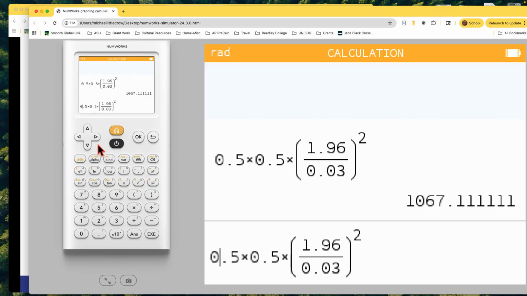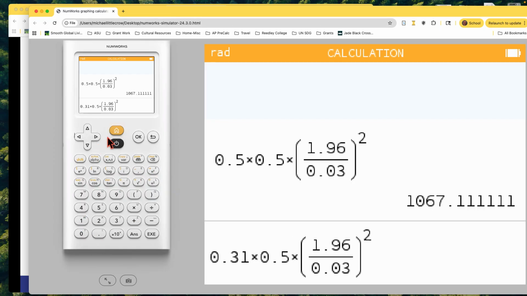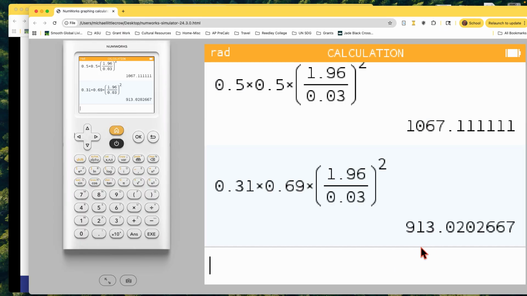So instead of 0.5, we're going to do 0.31. And instead of 0.5, we're going to do 0.69. We get 913. So 50-50 is actually going to give us the largest sample size needed. So that's why we can always use it if we don't know. But if we do know an estimate, we might be able to save ourselves some work. Okay. So actually, even this one, you want to round it up, even if it's 0.02, you really want to go to 914.